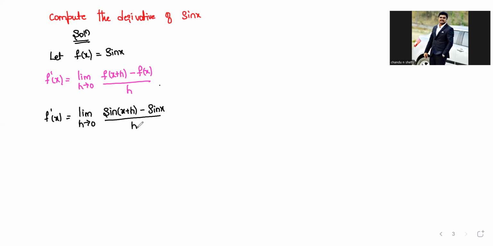My dear students, we know the sum to product formula in trigonometry. I am using the sin x minus sin y formula. We all know it is 2 cos of (x plus y) by 2 into sin of (x minus y) by 2.